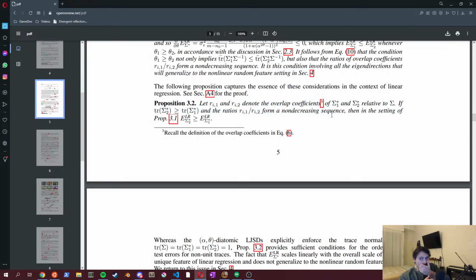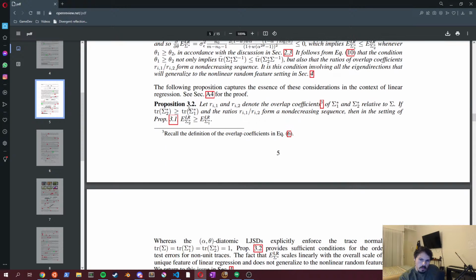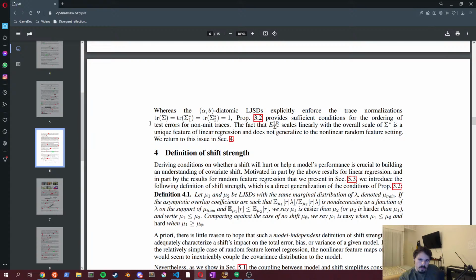In the setting of proposition 3.1, the error for set 2 is greater than the error for set 1. I'm not sure if they mean this trace here, but I think they're just saying basically the same thing that we saw before.